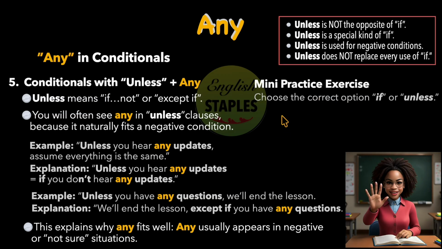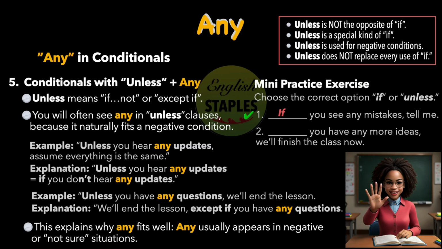Mini practice exercise. Choose the correct option, if or unless. You see any mistakes? Tell me. If you see any mistakes, tell me. I agree with that. Two, you have any more ideas? We'll finish the class now.